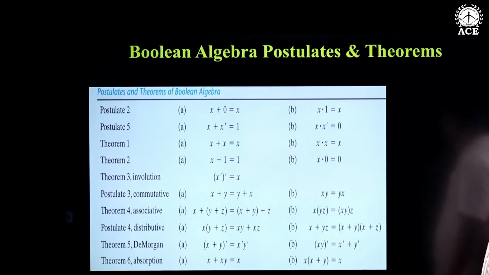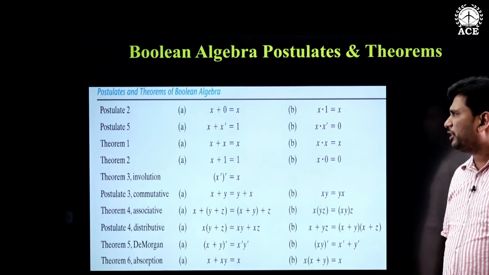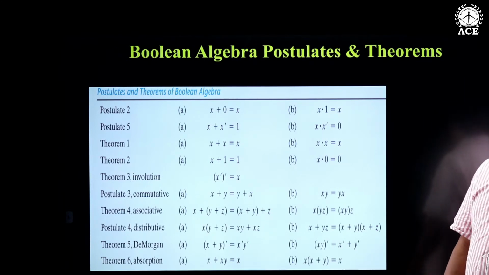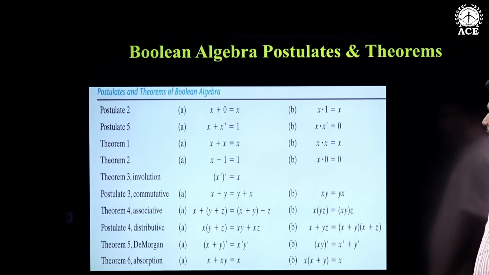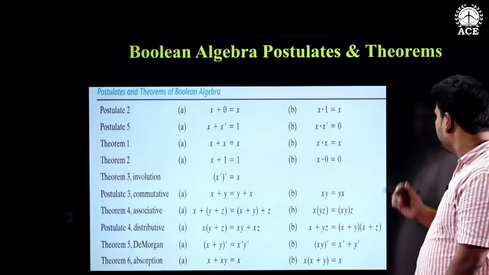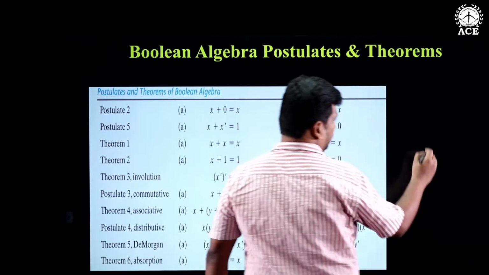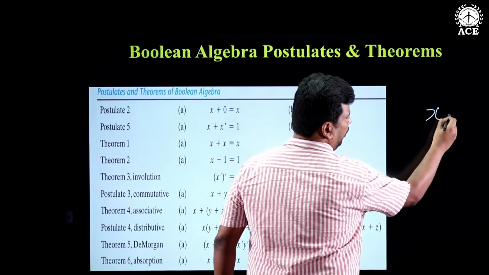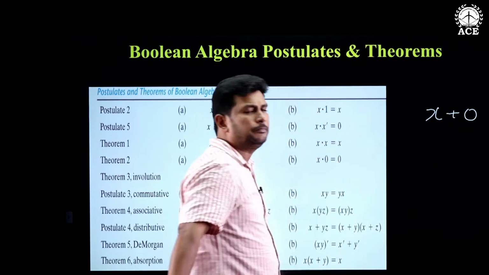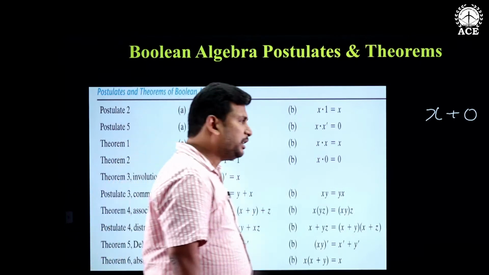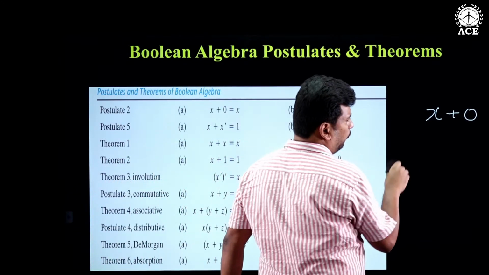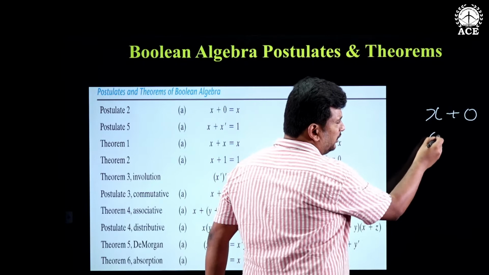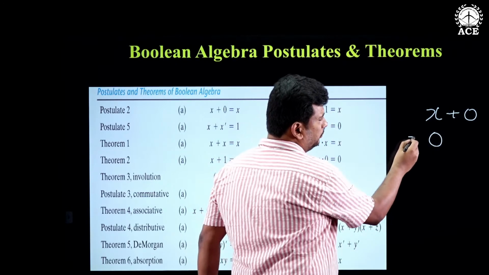Now let's start with the first postulate. I think we have just discussed already, X OR with 0. It's simple. For instance, we'll take this X OR with 0, and your X can be 0 or 1. For instance, I go ahead with X equal to 0.